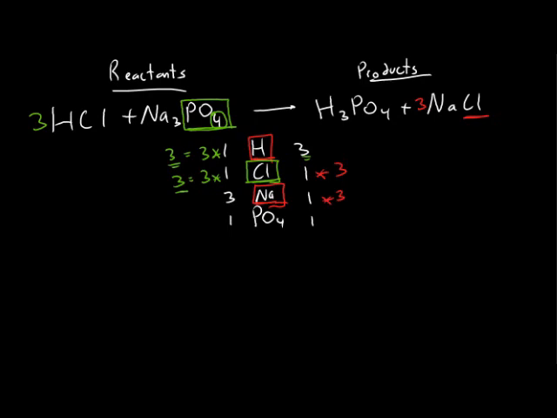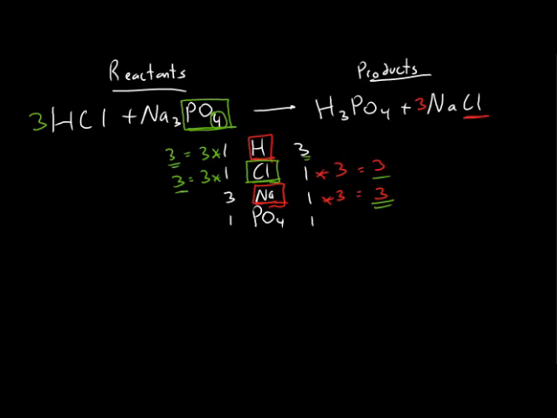So on the right side of the equation, we have 1 times 3 chlorine giving us 3, and 1 times 3 sodium giving us 3. Since we have 3 chlorine on the right, that matches the 3 chlorine on the left, and now the chlorine is in balance. The same with sodium. We have 3 sodium on the left, and now 3 sodium on the right, and the sodium is in balance.